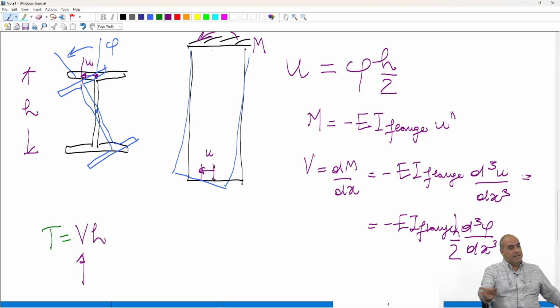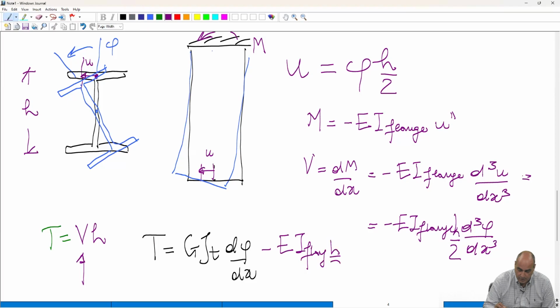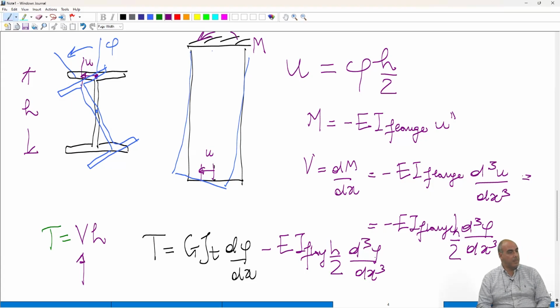So this is an additional contribution to the torsion. So your equation becomes now T equal to G J_t d phi over dx minus E J flange h half d3 phi over dx cubed.